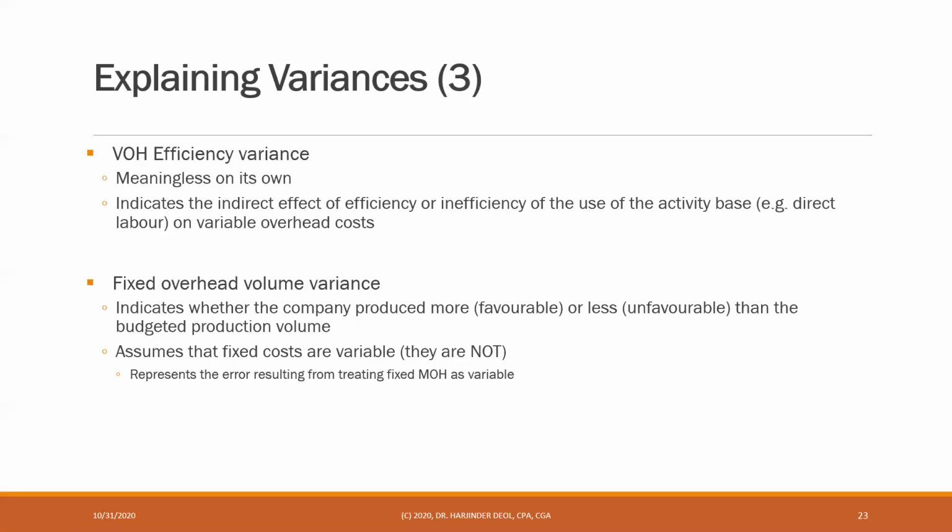There was no correlation to the actual cost drivers there. The actual fixed overhead cost was a totally different number. So this fixed overhead volume variance can sometimes skew the results one way or the other and should be treated with utmost caution.